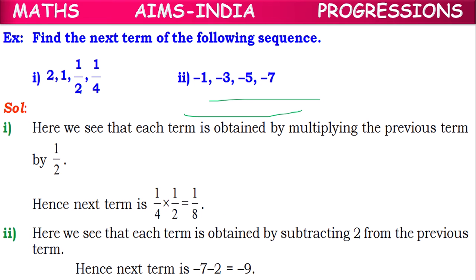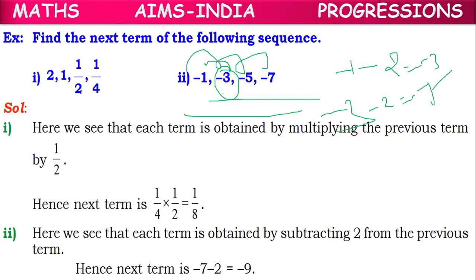Now see this example: minus 1, minus 3, minus 5, minus 7. How has the second term been obtained? By subtracting 2 from the previous one. So minus 3. From minus 3, if we subtract 2, it becomes minus 5.